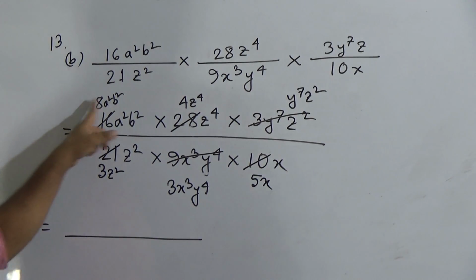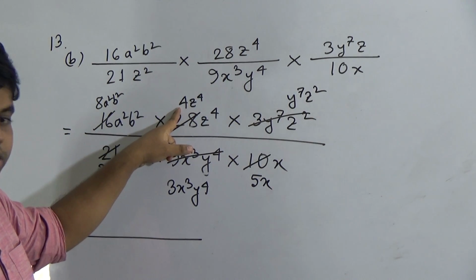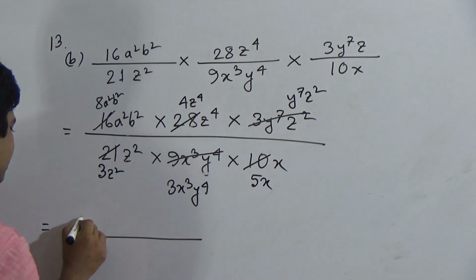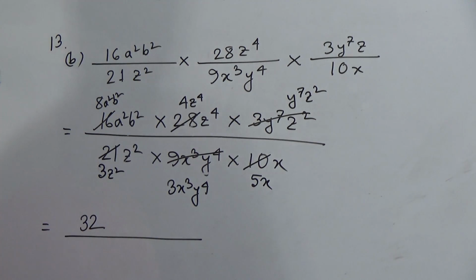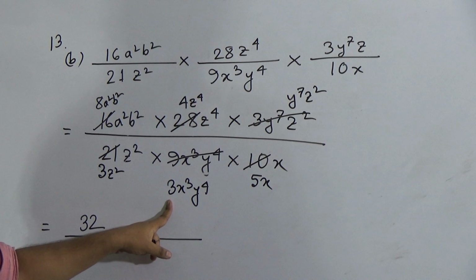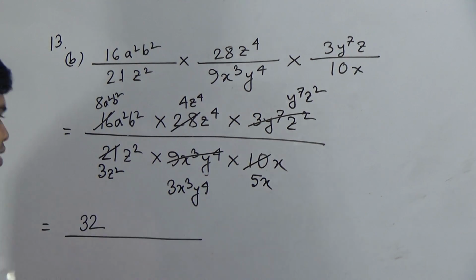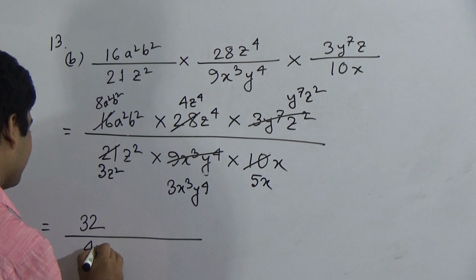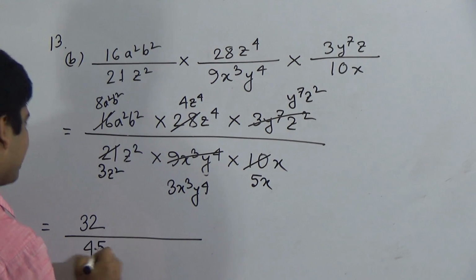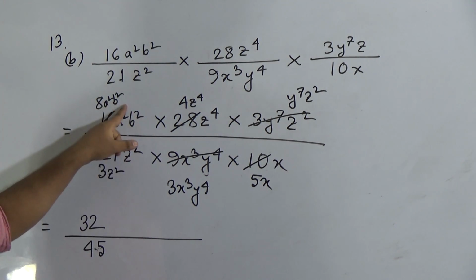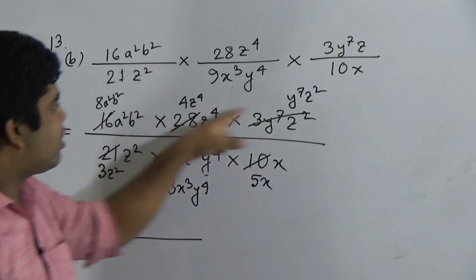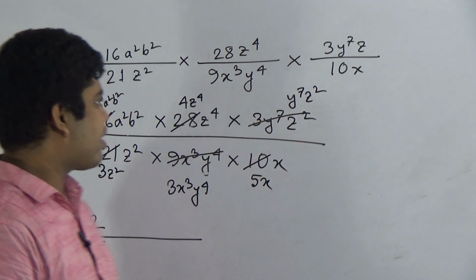So 8 4s are what? 8 4s are 32. Okay. Here you notice 3 3s are 9. 9 5s are 45. Here I write 45. Okay. Then you notice a square b square z to the power 4 y to the power 7 z square. Okay.